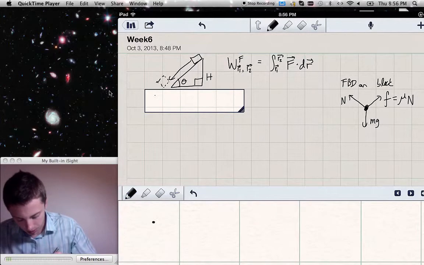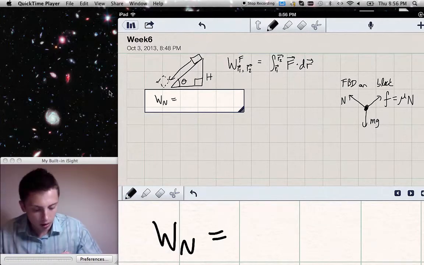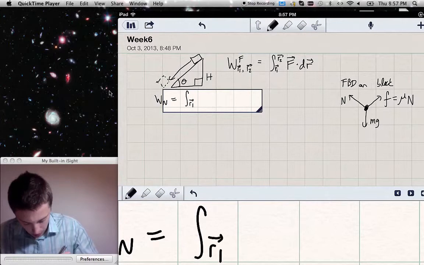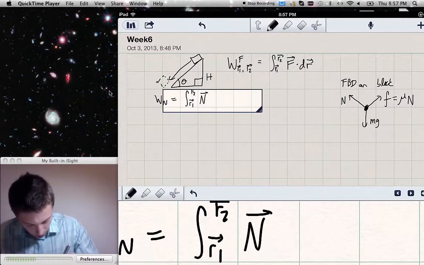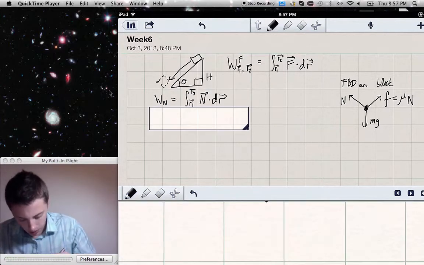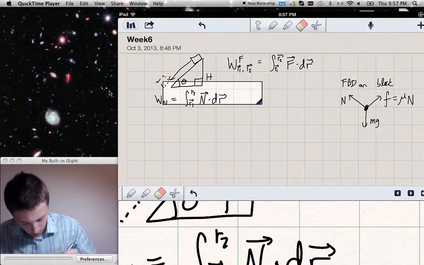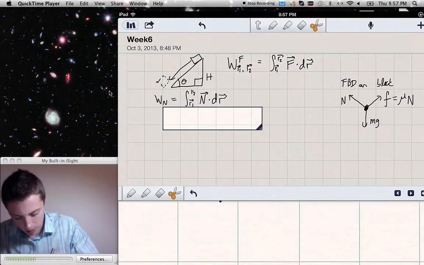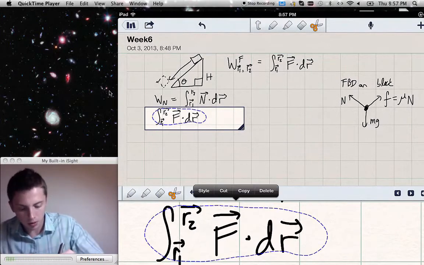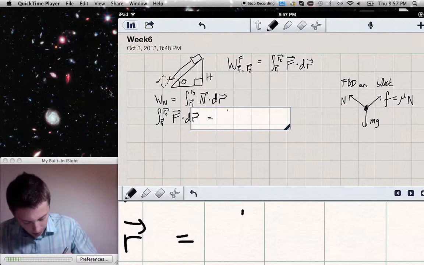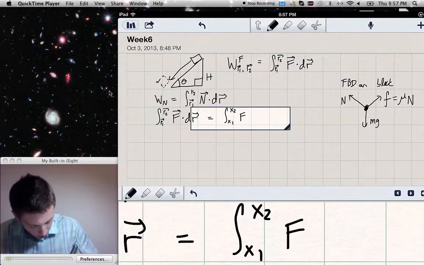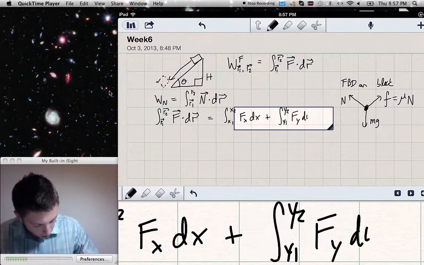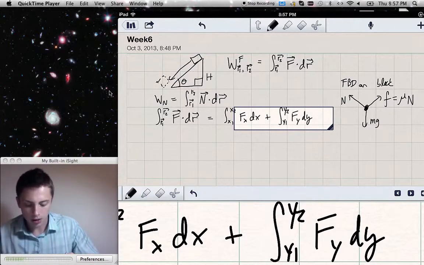Okay, so we want to calculate the work done by normal force first. Before we do that, we need to write the definition of normal force dotted with dr. And remember that this integral simplifies, other than the one case where we have Fx depending on y and Fy depending on x, to the integral from x1 to x2 of the x component of the force dx plus the integral from y1 to y2 of the y component of the force F in general.